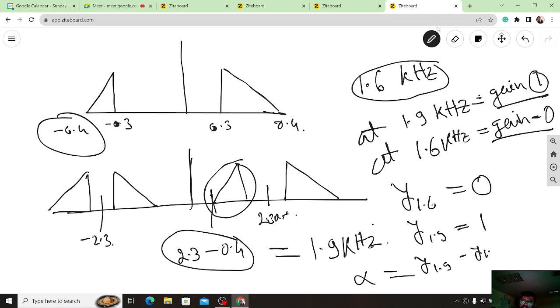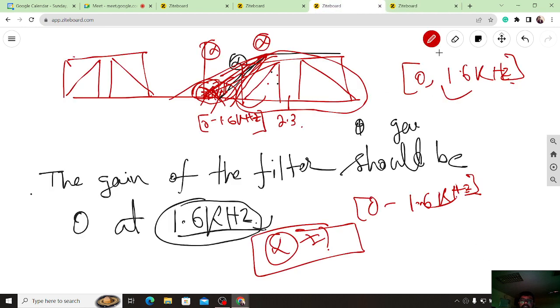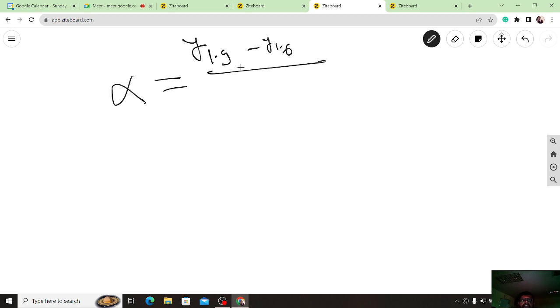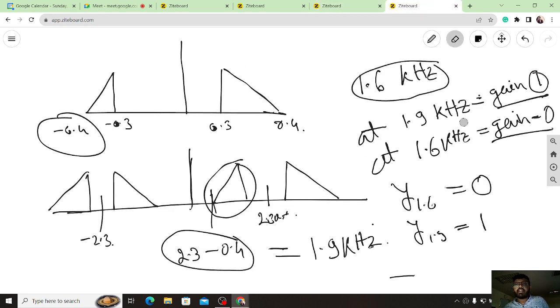Sorry, this will be better if I write another equation. So from this, alpha should be y of 1.9 minus y of 1.6 by 1.9 minus 1.6. So what is the value of y of 1.9? Our condition says at 1.9 it should have a value of 1.